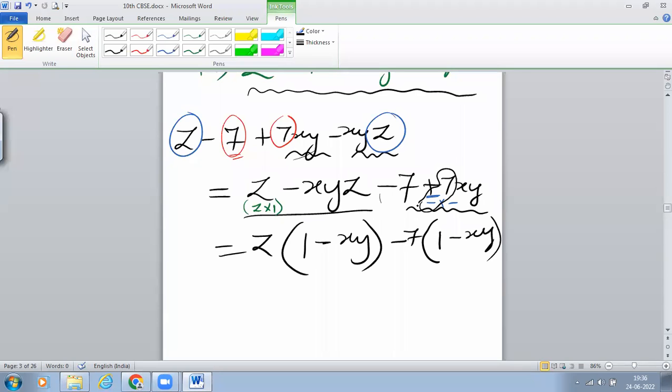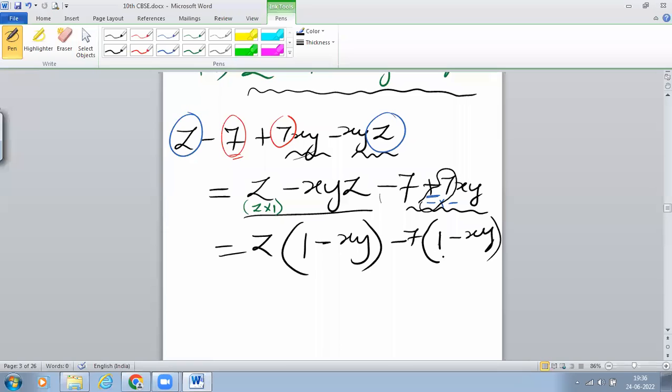Minus 7 into 1 is minus 7, which is the third term. And minus 7 into minus xy: minus into minus is plus, so 7 into xy is 7xy. You get the fourth term. Are you able to understand this now? Yes or no? Yes, sir.